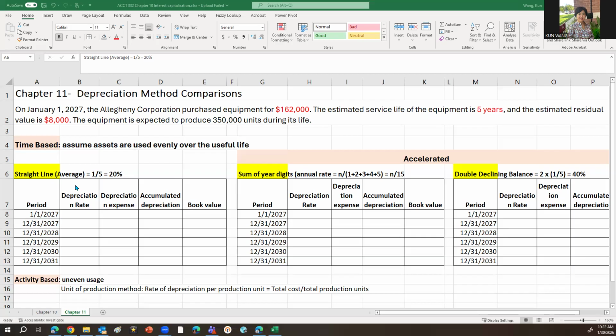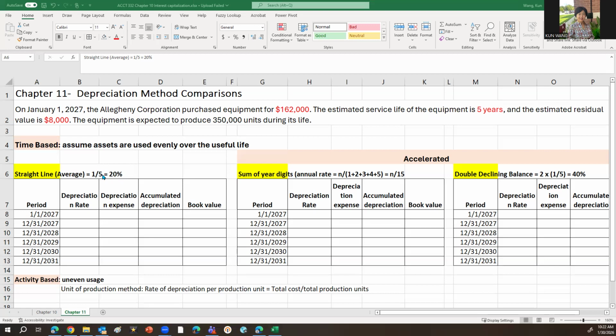Under straight line depreciation, the depreciation rate, like the portion of the depreciation each year, is average. For us, it is 5 years. So each year takes 20% of the value from the total assets. So 1/5, 1 year over 5 years.